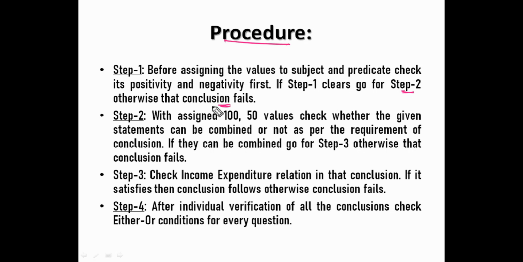In step 2, we assign the values 150 to all the qualifiers, and with those values we check whether the given statements can be combined or not. The condition to combine statements is that there should be a common element and at least one of its values must be 100. If we can combine, we go for step 3. Otherwise that conclusion fails. In step 2 also we can eliminate some conclusions.